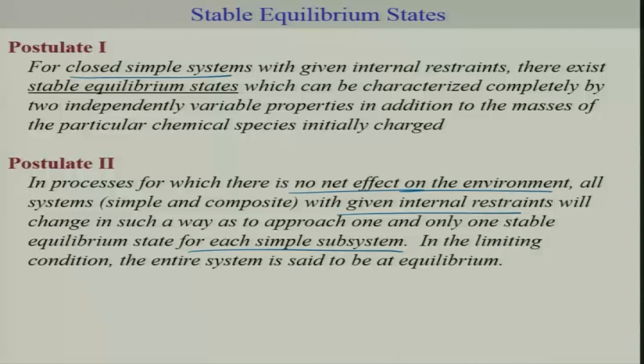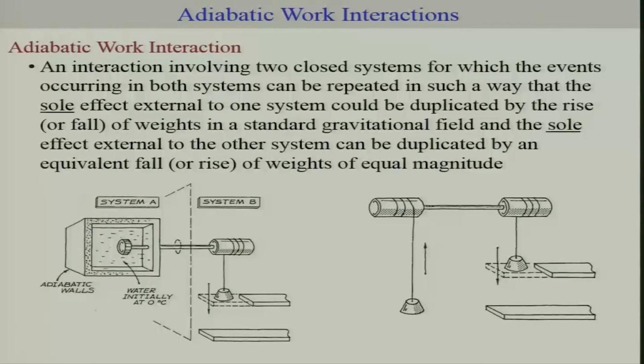So, essentially once there is no effect on the environment for a given internal restraint, the system will approach an equilibrium state, and in the limiting condition the entire system is said to be at equilibrium. This is something which we have asserted earlier, but I am re-emphasizing it, and this will lead to something called adiabatic work interaction, which becomes an interesting way to look at the conservation of energy. So, this is the case of adiabatic work interaction.